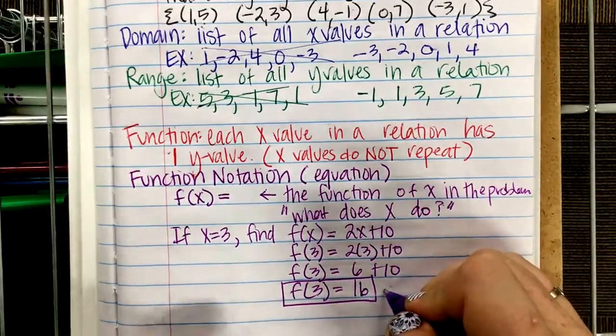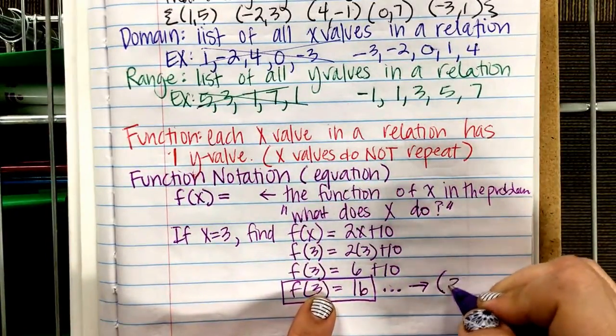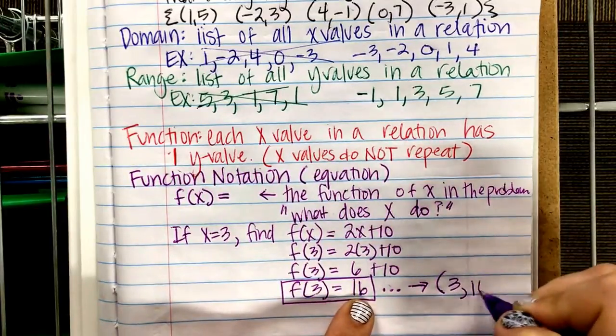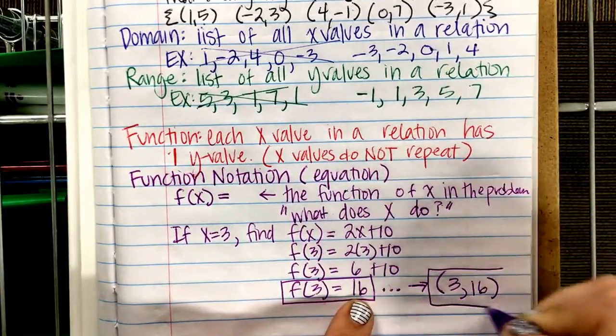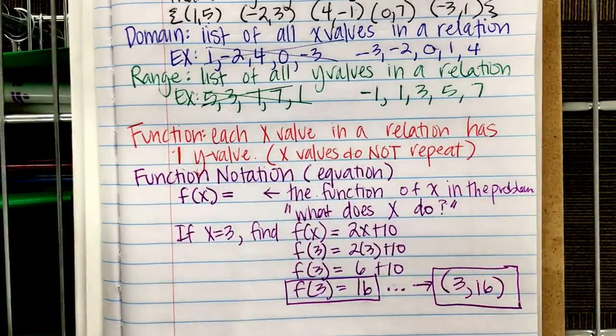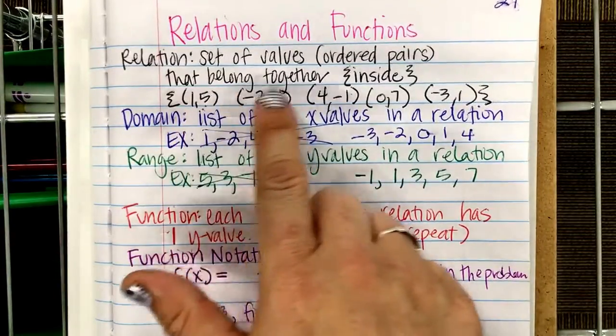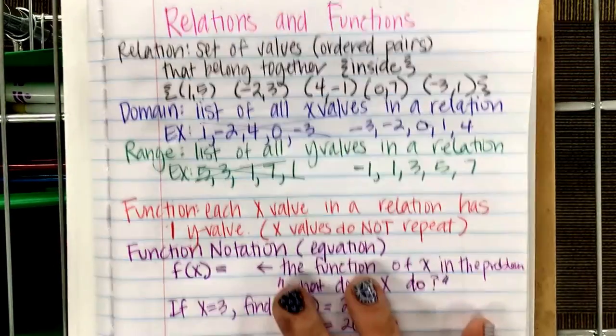Right? Then we can write this as an ordered pair. My x value is 3. My answer, my y value is 16. Function notation, it says it's a function. And if it's a function, it means it's a relation where the ordered pairs belong together. It represents something.